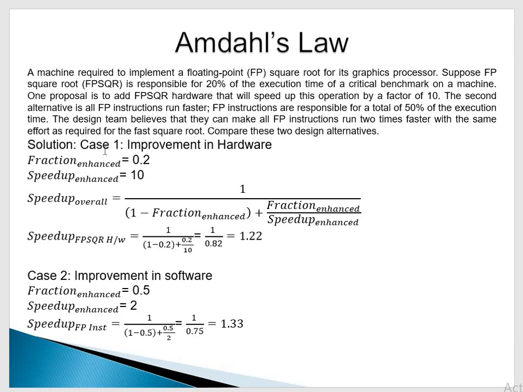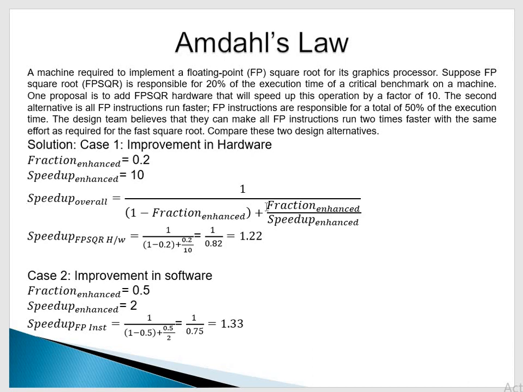First, consider the case of improving the hardware. The hardware contributes 20% of the total machine, so the fraction enhanced will be 0.2, and after the improvement the speed of that portion will increase 10 times, so speedup enhanced is 10.